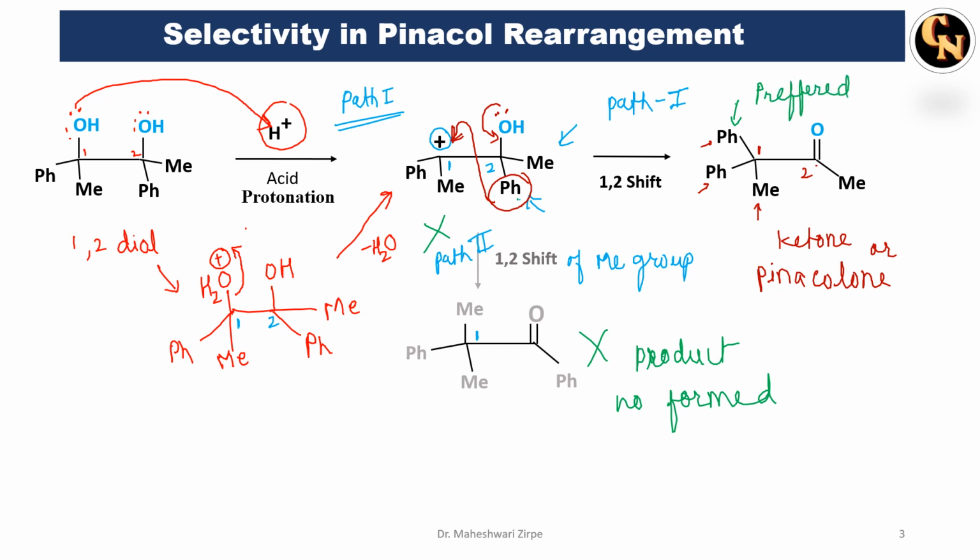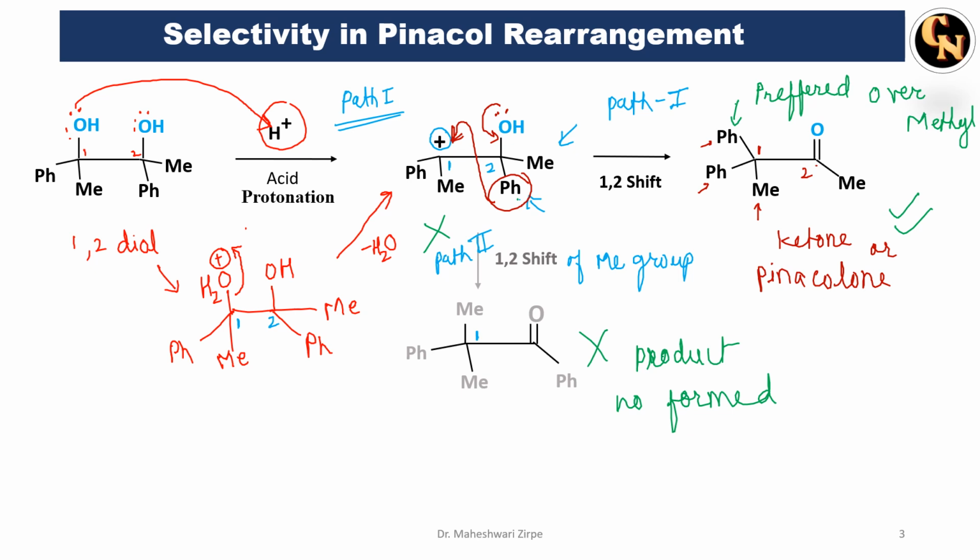Phenyl group is preferred over methyl group. That's the reason why you will be getting this product which follows path 1. So this is about the selectivity in pinacolone rearrangement.